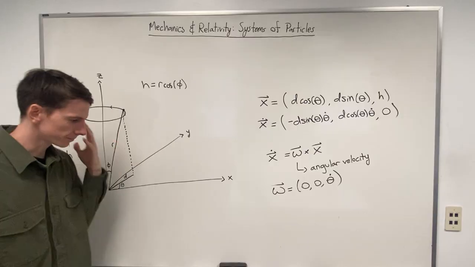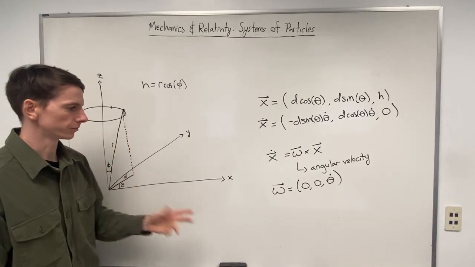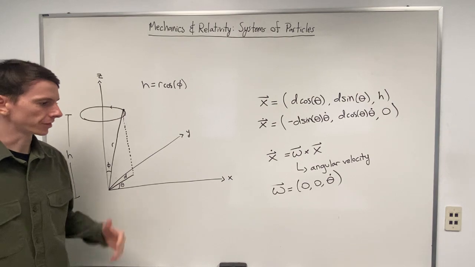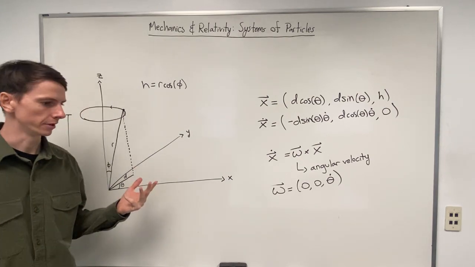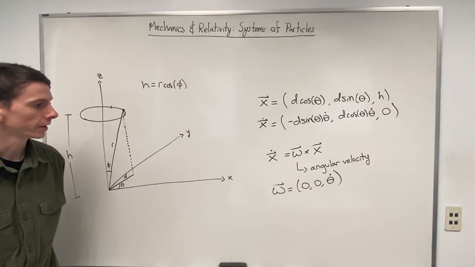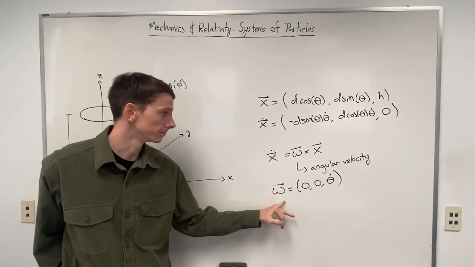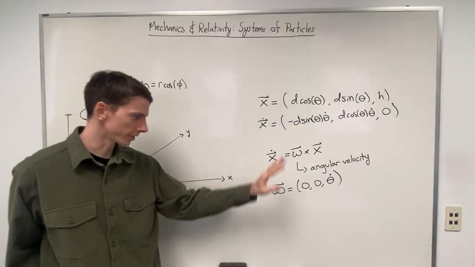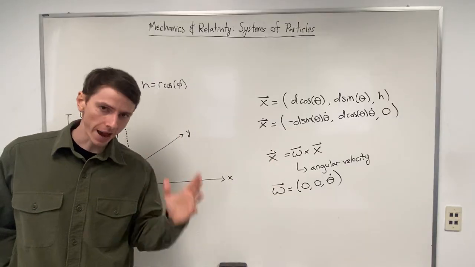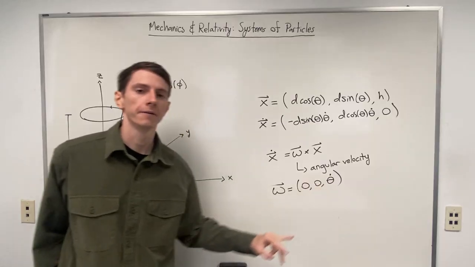So just to try to get an intuitive understanding of what the angular velocity is, I think it's conveniently named. In other words, the term angular velocity describes it quite well. This is a vector, right? Maybe that's the very first thing. Angular velocity is a vector quantity. The magnitude of this vector is simply theta dot.